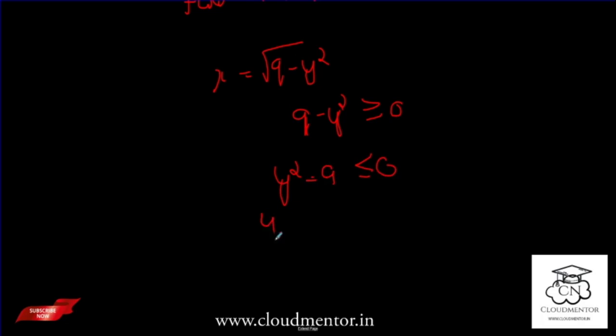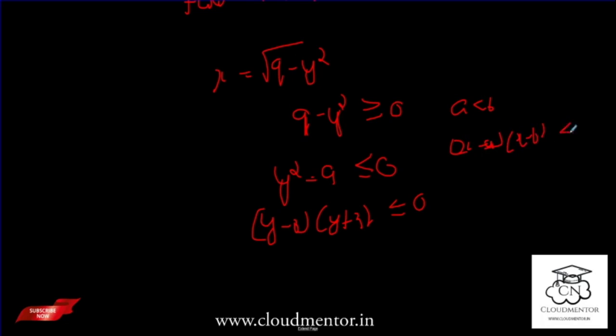From that we can factorize: y minus 3 times y plus 3 is less than or equal to 0. We can simply apply the rule I told before: if a is less than b and x minus a into x minus b is less than or equal to 0, then a is less than or equal to x less than or equal to b.